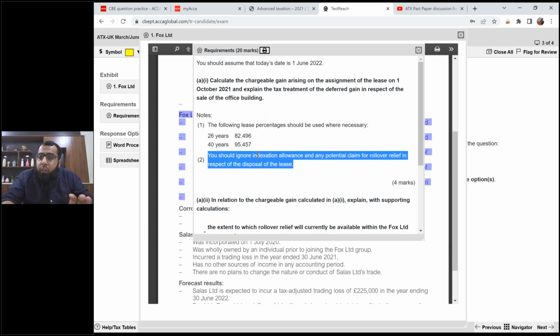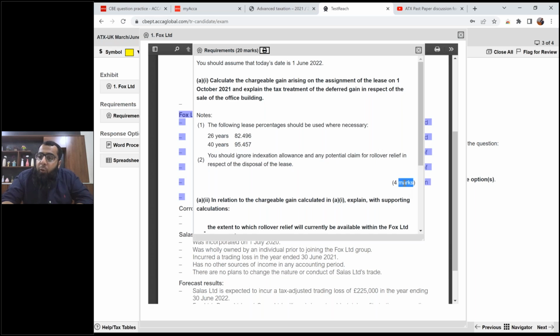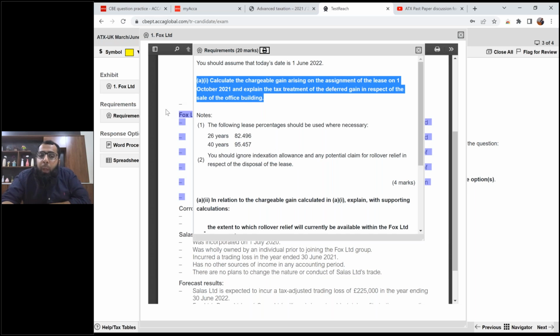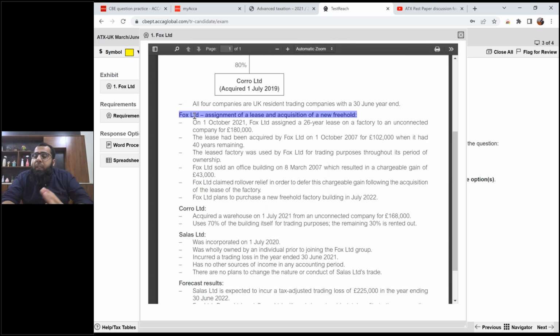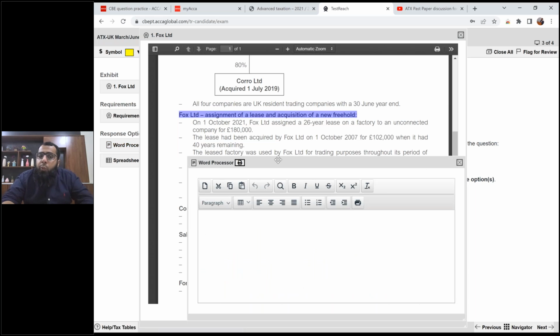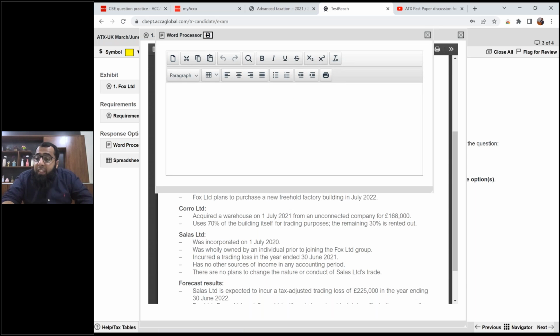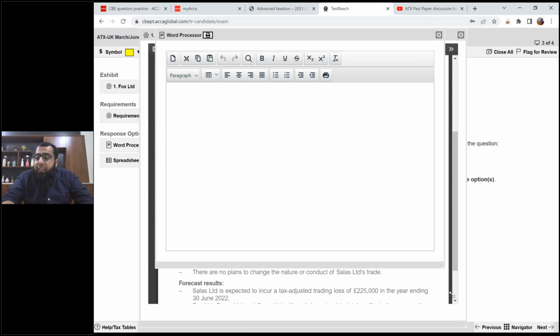You should ignore the indexation allowance and any potential claim for rollover relief in respect of the disposal of the lease. 4 marks. So this part A1 is relating to the lease only, so I can solve it from this information. I want you all to concentrate on it and participate with me while I develop the answer.